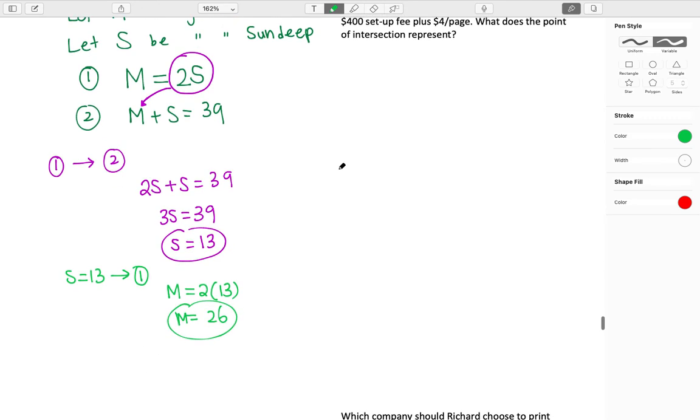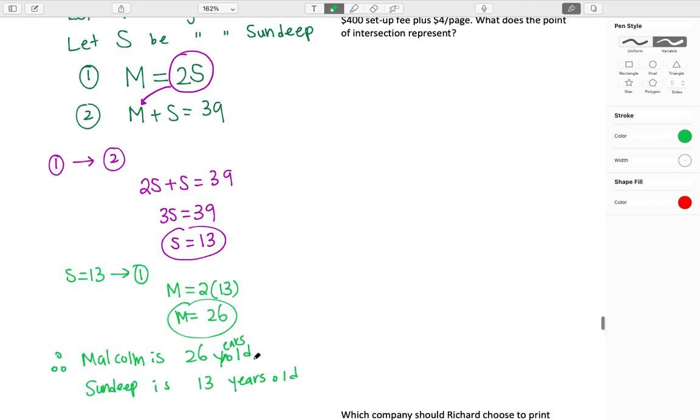So don't forget a therefore statement. Therefore, Malcolm is 26 years old, and Sandeep is 13 years old.